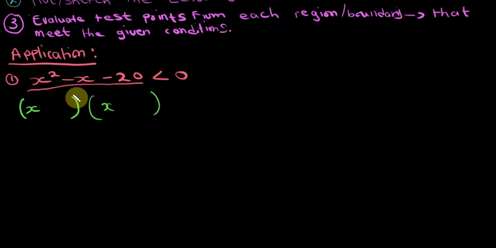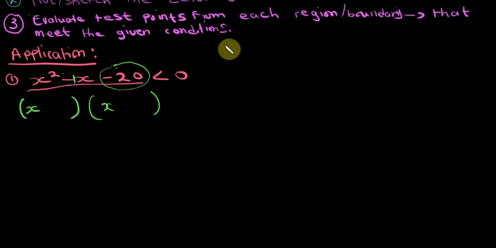Now I need to find numbers that when I add them, they'll give me -1, which is the coefficient of x, and when I multiply those two numbers, they should give me -20. So how do I get those numbers? Those numbers have to be factors of 20.